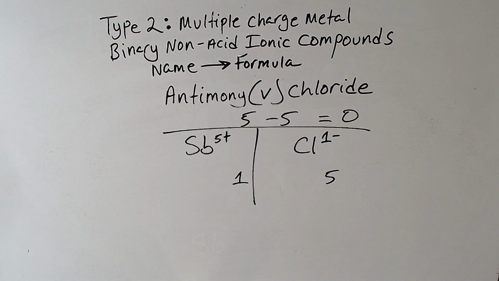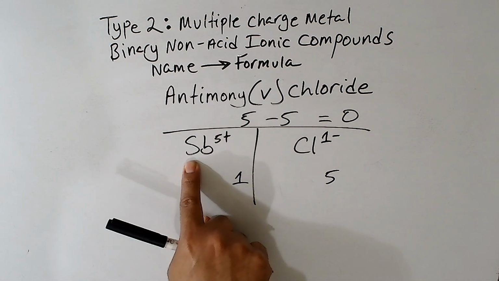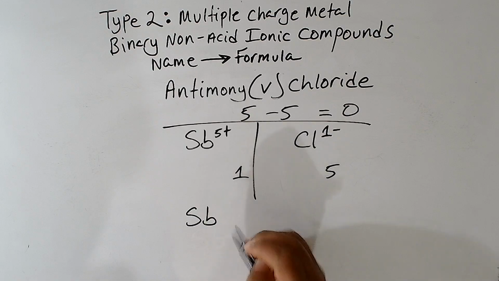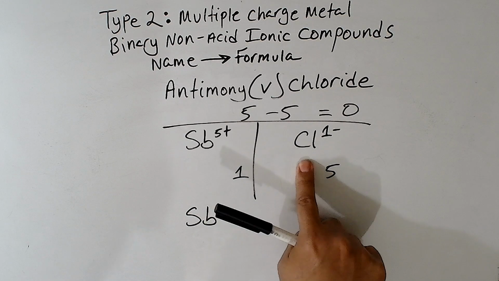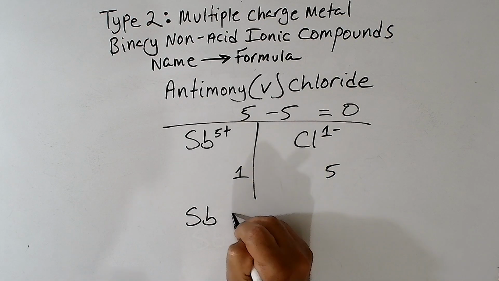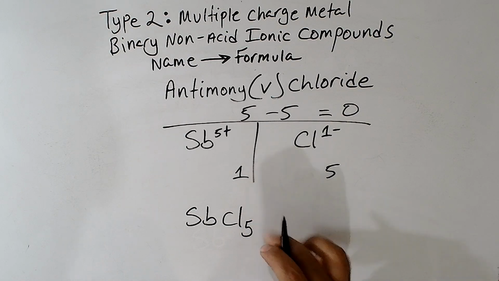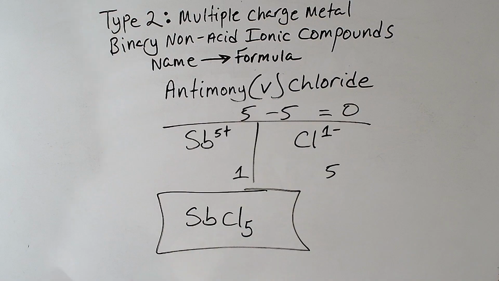So now to be able to obtain the formula, we need to remove all the charges and keep only subscripts of 2 or higher. So I'm going to bring Sb, which is antimony. I'm not going to write the 1. I'm going to bring Cl, which is chloride, and I'm going to bring the 5. And this is going to be my chemical formula.